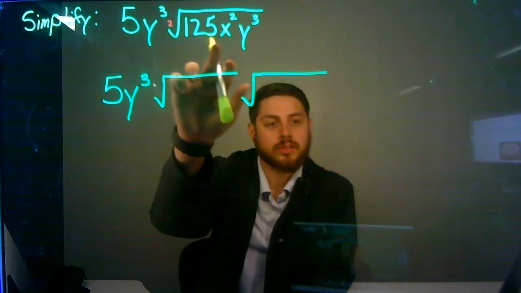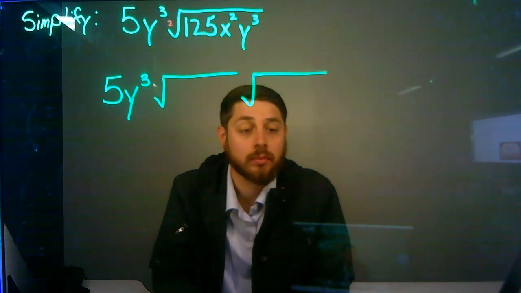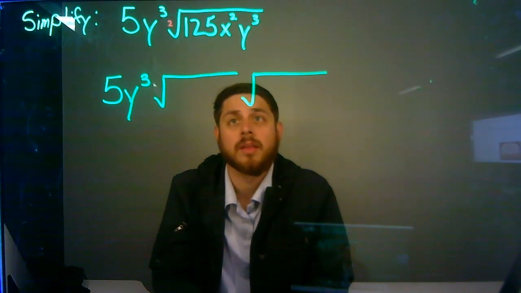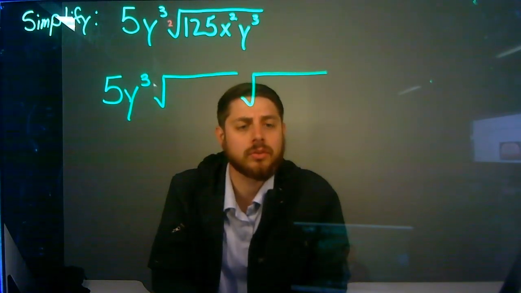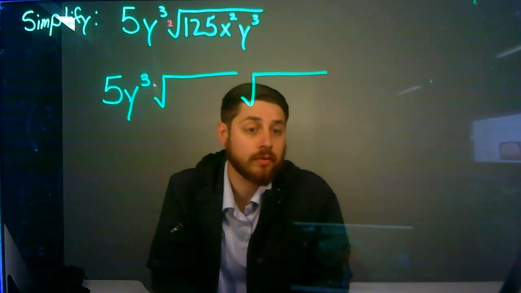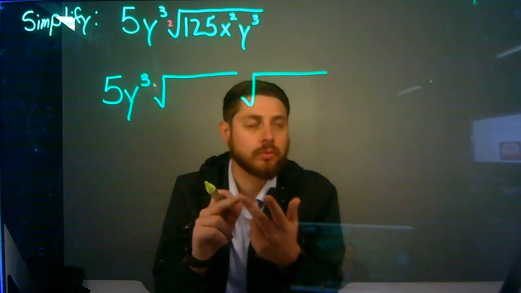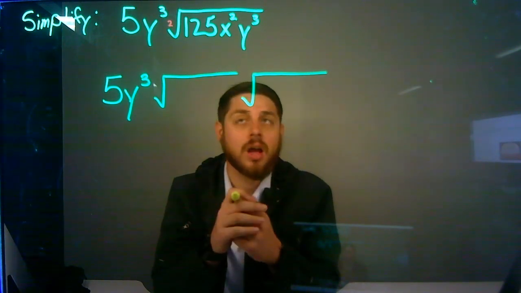Well, we're going to ask ourselves, is 125 a perfect square? Well, the answer is no. 100 is, but 125 is not. So we need to think, what is the biggest perfect square that'll go into 125? I can start dividing 1, 4, 9, 16, 25, 36 into it.